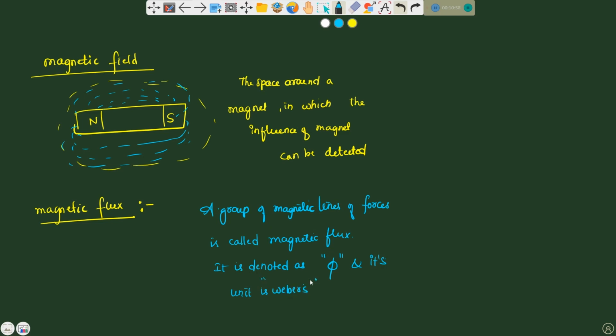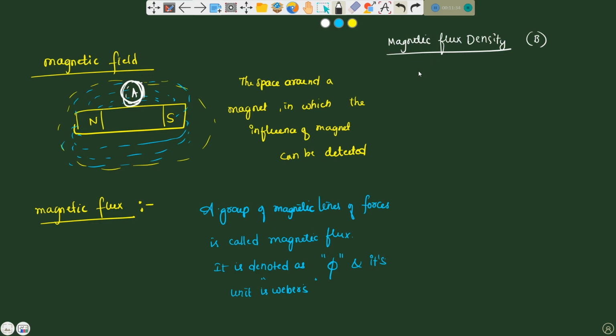Okay, so if we talk about magnetic flux density, what is this magnetic flux density? It is denoted as B. Magnetic flux density is defined as the magnetic flux per unit area. Suppose we have one area here. So how many flux lines are passing through it?